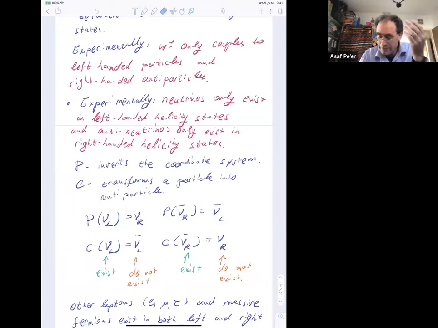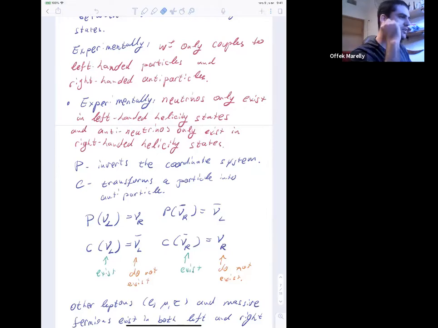And experimentally, neutrinos, and for that sake any relativistic massless particles, only have a left-handed helicity. And antineutrinos, so massless antiparticles, would have a right-handed helicity state.